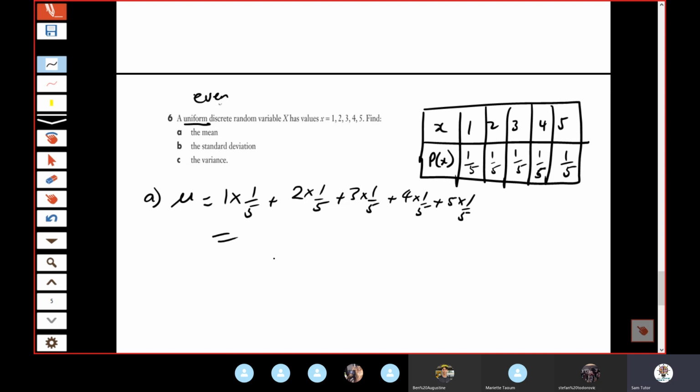The mean is 1/5 plus 2/5 plus 3/5 plus 4/5 plus 5 on 5, which is 1, which is 3. So the mean is 3, which, I mean, I should have just said that, but anyways, if it's uniform, the mean is just going to be the middle, right? You guys probably already get that bit. If not, the average is going to be the middle, because that's what mean is here.